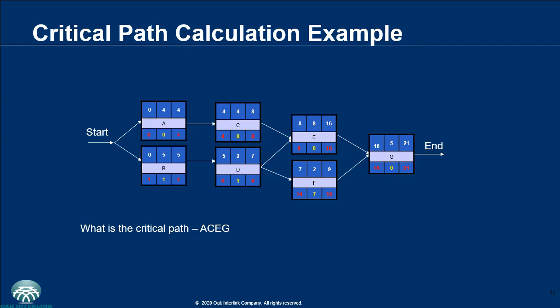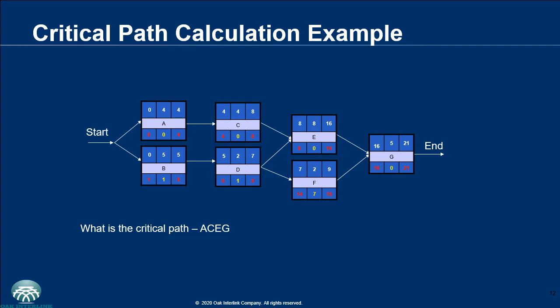And so 8 plus 8 gives you 16. For F, however, it is only D that is inputting into F. So you pick the early finish of D, and you make it the early start of F, which is 7. 7 plus 2 gives you 9.